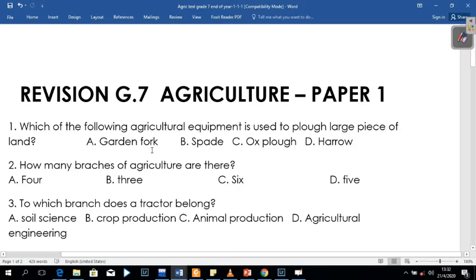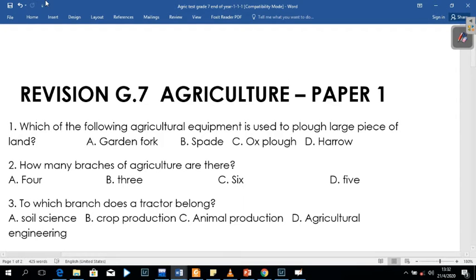Number 1, which of the following agricultural equipment is used to plow large piece of land? Large piece of land, not a small portion like just in a garden, no, but large piece of land.